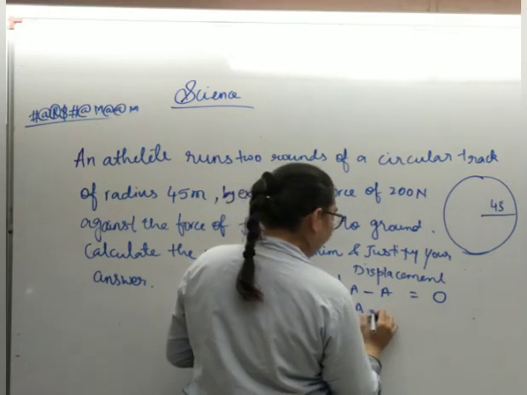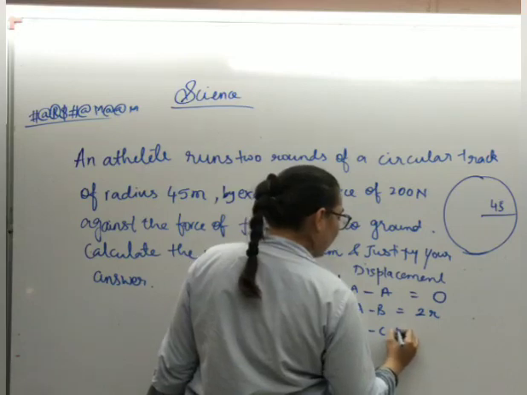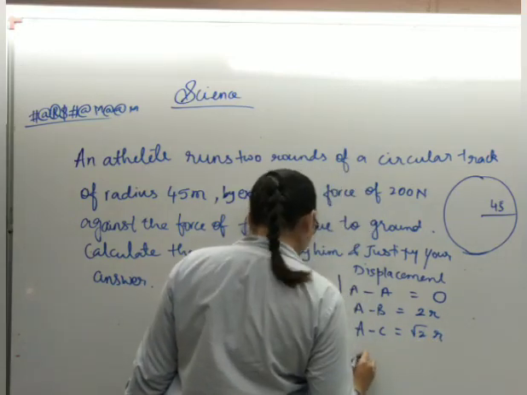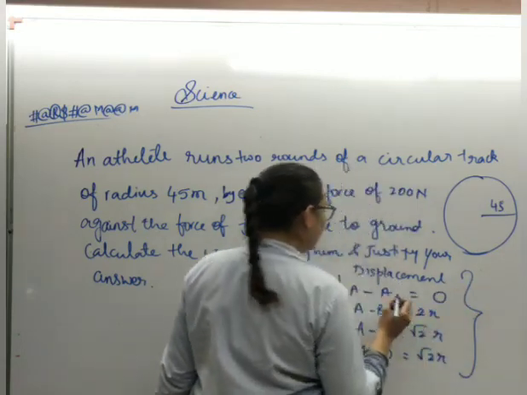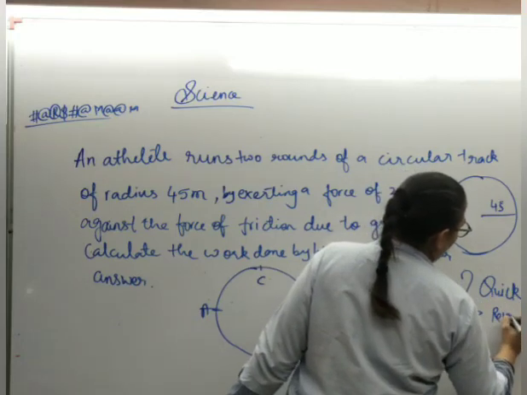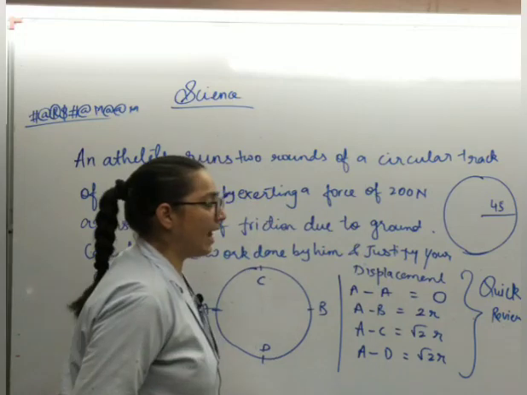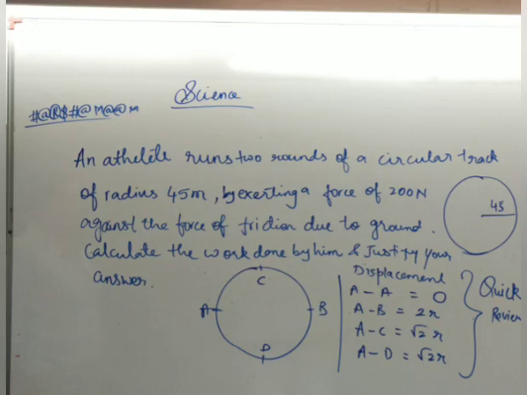A to B, displacement is 2r. A to C, it is root 2r, and A to D, again it is root 2r. So this is a quick review that is going to help you do the sum. First note down this, after that we'll do the sum. Quick, note down that diagram.